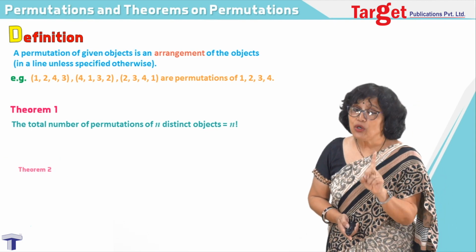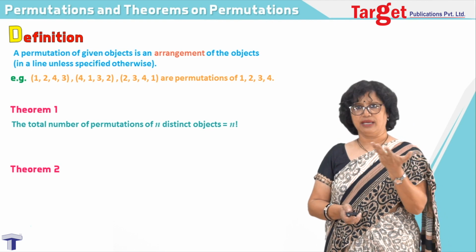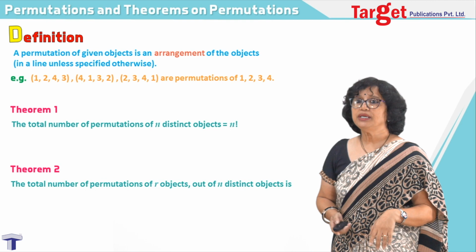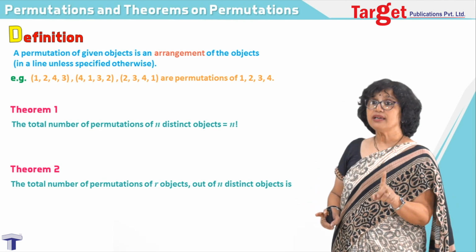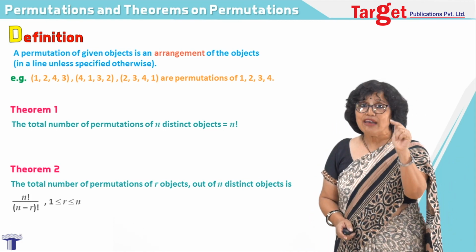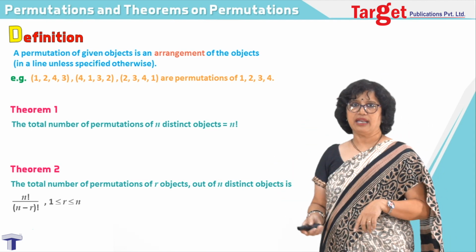Now theorem 2. I am not getting into the proof part, please, because that is not required for competitive examination. Theorem 2 says that the total number of permutations of r objects taken from n distinct objects is n factorial upon n minus r factorial, and obviously r is somewhere between 1 and n.